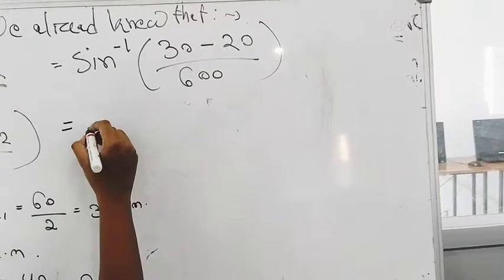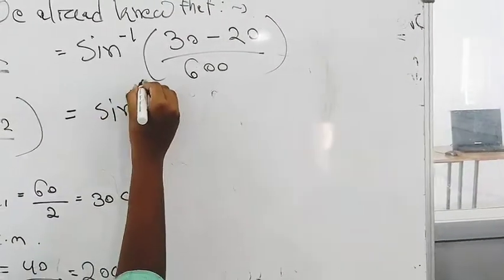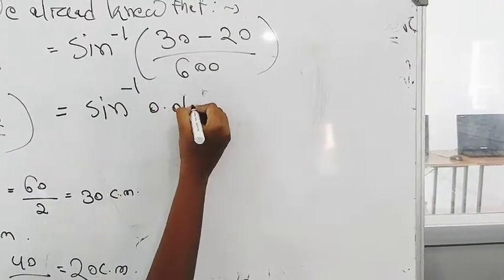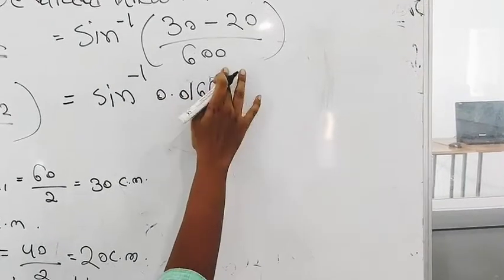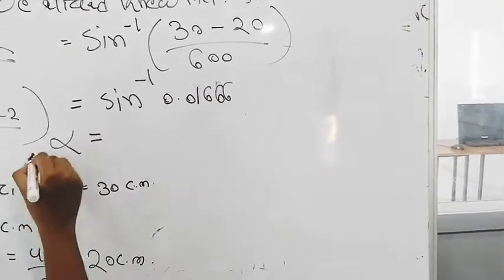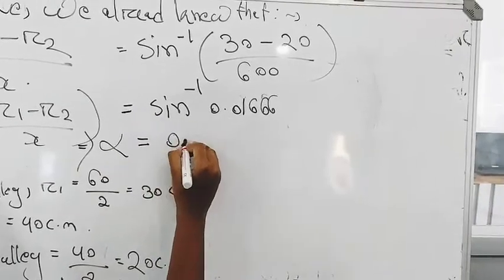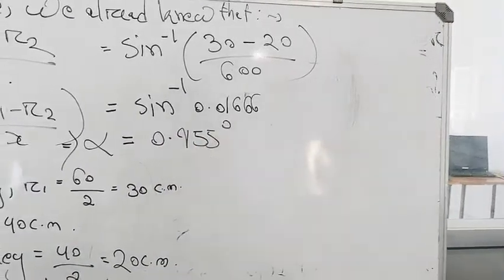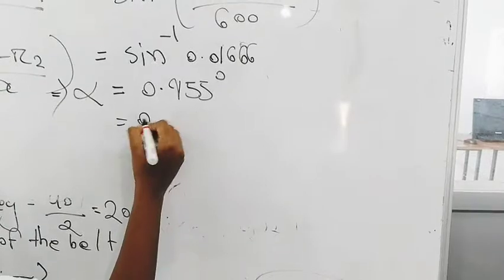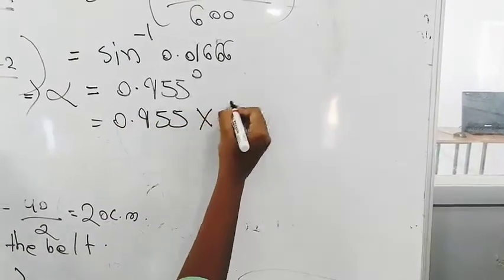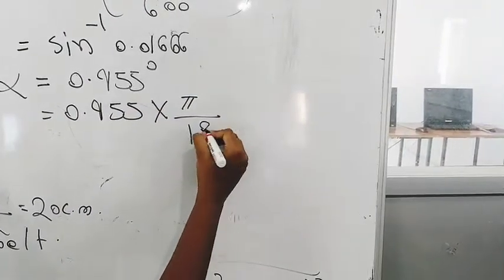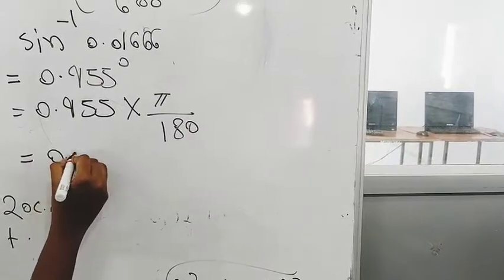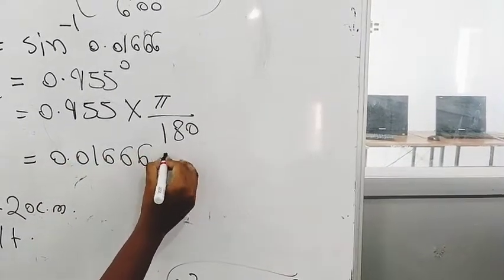After solving, sin inverse of 0.0166, so alpha is equal to 0.955 degree. Now converting to radians, we multiply by pi into 1 by 180, which is 0.01666 radians.